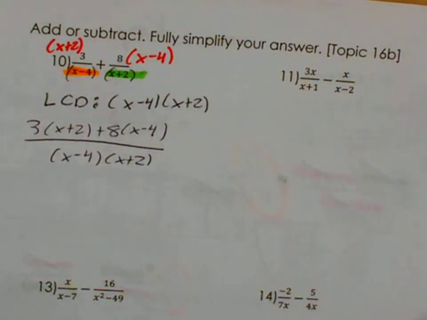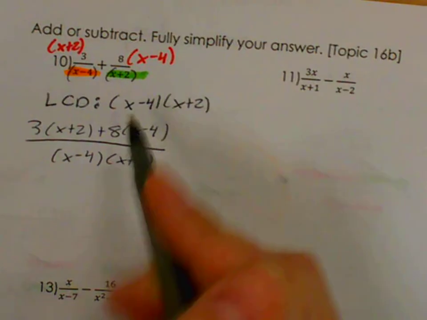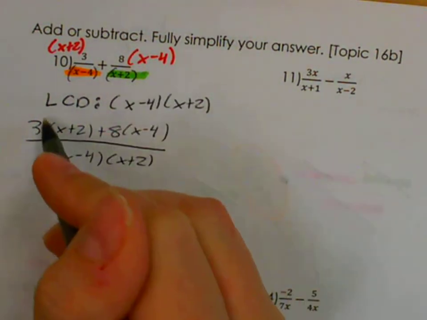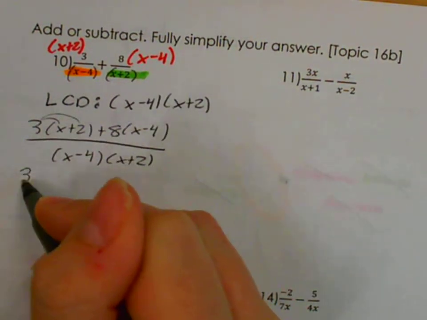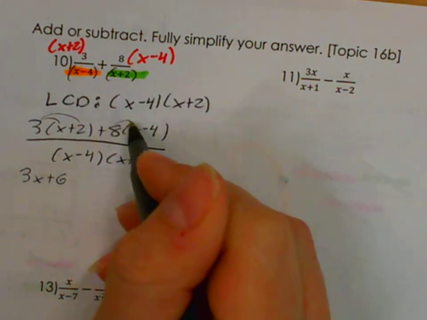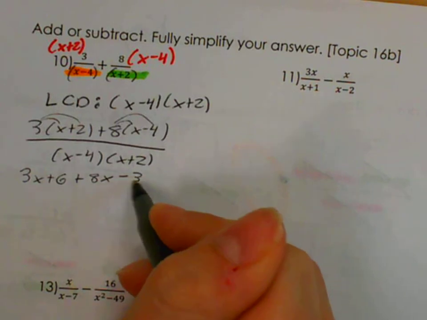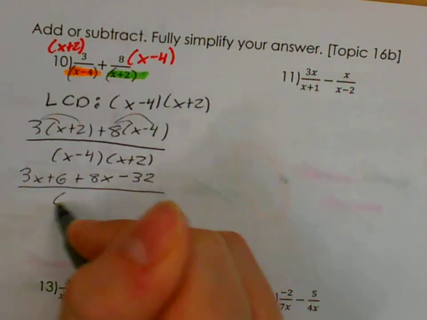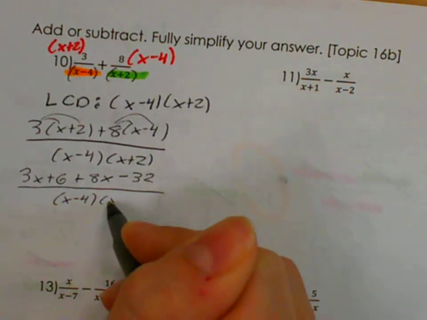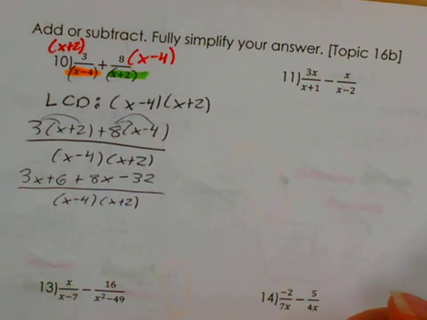So now I just need to simplify it. So I'm going to distribute this 3. That gives me 3x plus 6. I'm going to distribute the 8, plus 8x minus 32, all over my least common denominator. And then I'm just combining like terms.